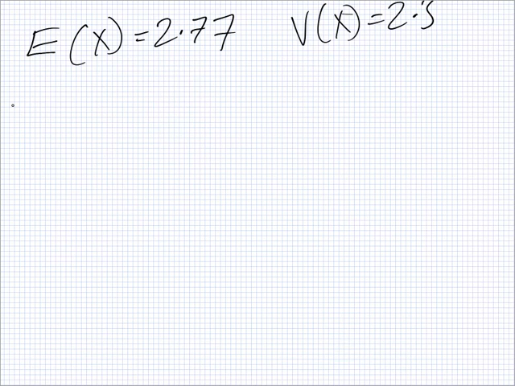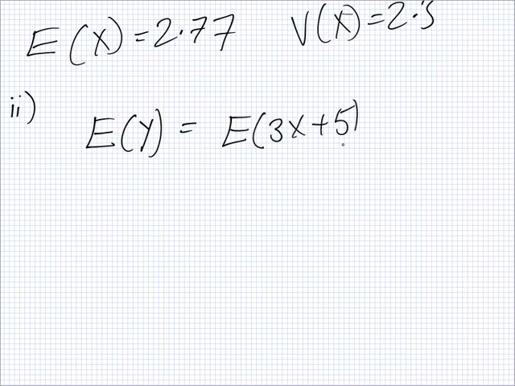Right, part 2. What is the expected value of y? And y is defined as 3x plus 5. Now, have you seen this type of problem yet? No, you haven't done this type yet. Well, you'll probably do it quite soon, so I might as well just show you what happens here. You might say, oh, okay, so this isn't that hard.